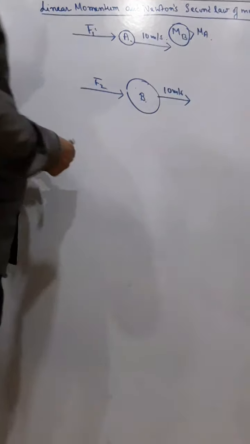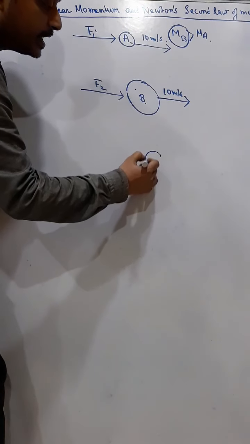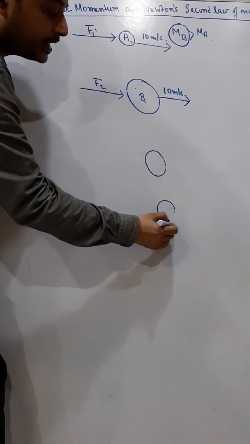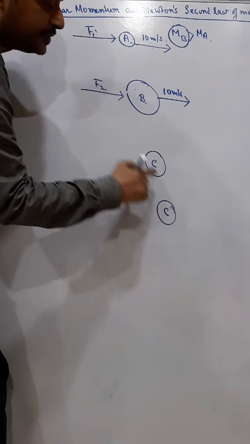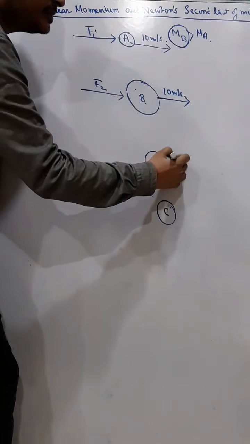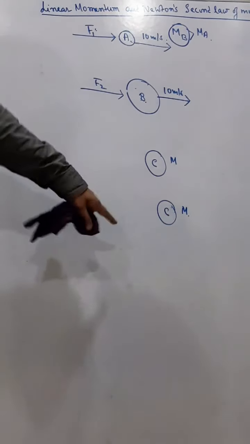So this is one case. Now consider another case. Same body, two different situations. Same body means the masses are the same. The mass of both the bodies M and N is the same.